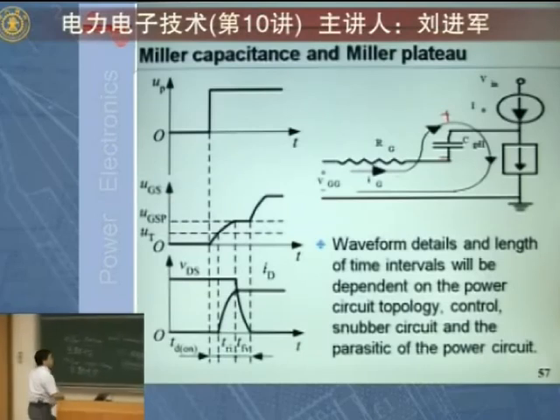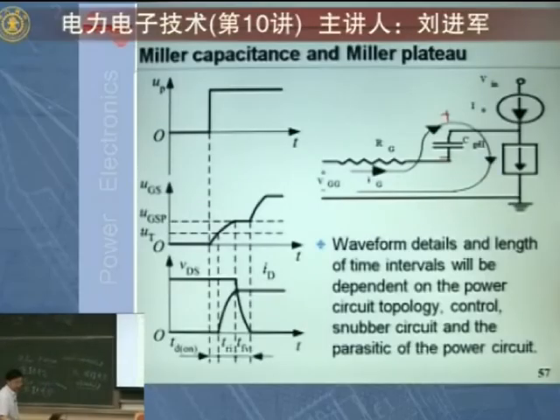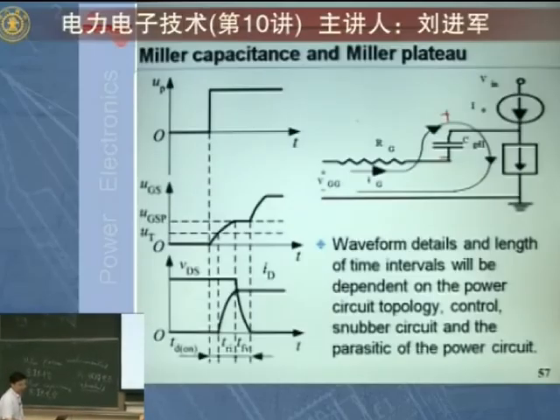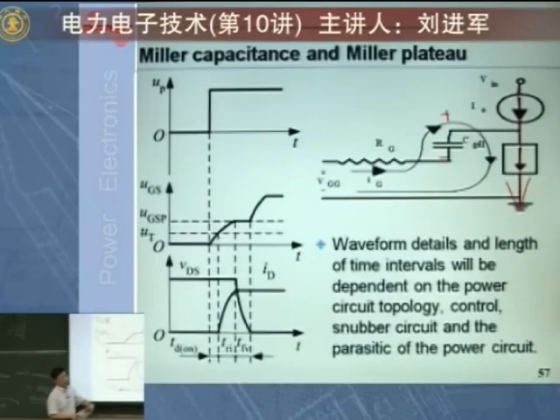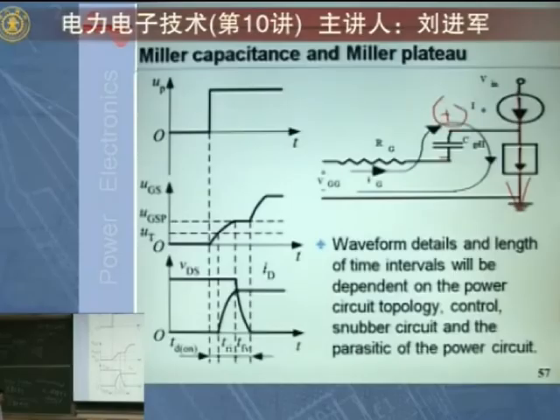When the current reaches the steady state level, you really need some time for that current to discharge this capacitor, so that the voltage across the capacitor decreases from a very high value to a low value.